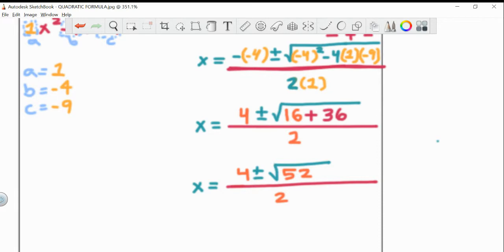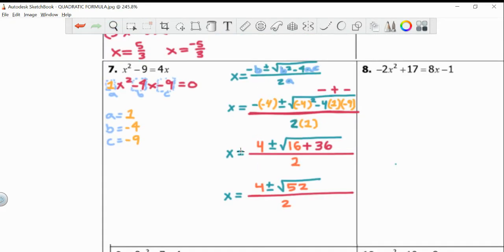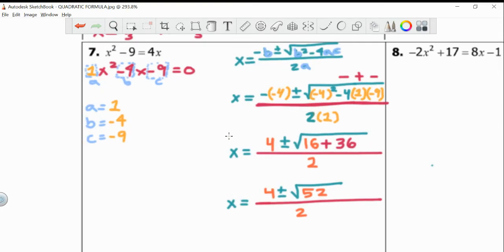Now, let's talk about where we are right now, okay? When it comes to the quadratic formula, the reason we are stuck doing the quadratic formula is because the answers to this equation are not regular numbers, okay? If they were regular numbers, we would find them with factoring, okay? These answers are going to be very strange, decimal, irrational answers, okay?